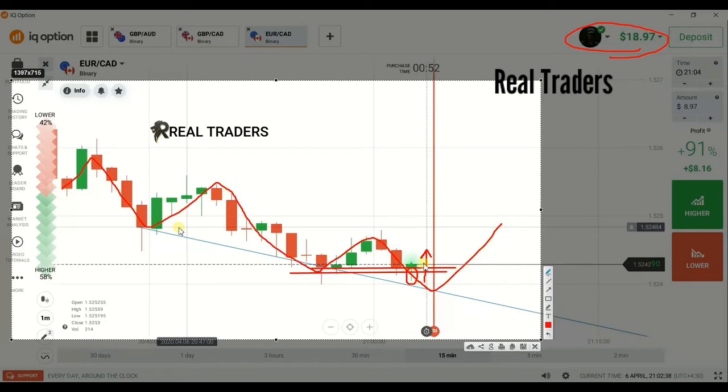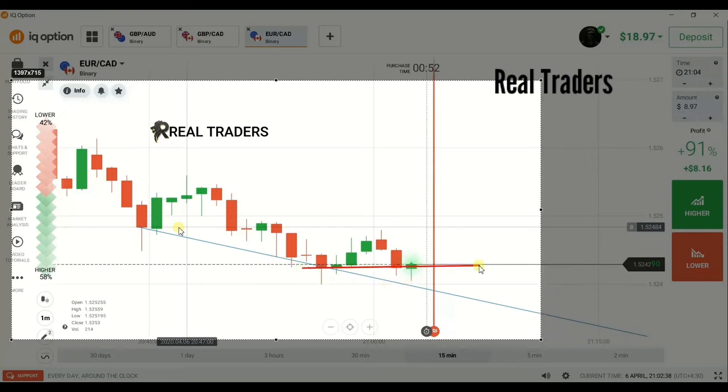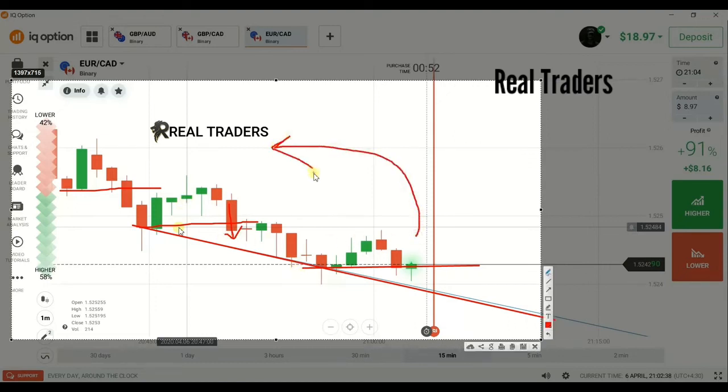So I placed a trend line here. You can see I didn't draw a horizontal line for this market. I drew a trend line because I know it is going down. You can see the market never respects the previous level. Here it breaks the level. Also, if you want to see the future, look at the past.